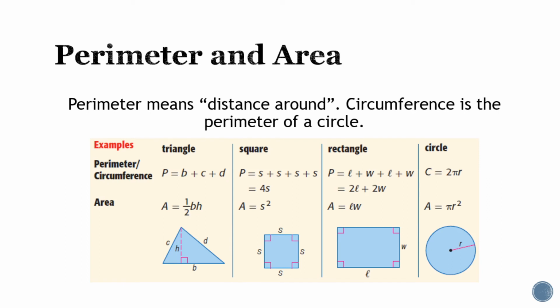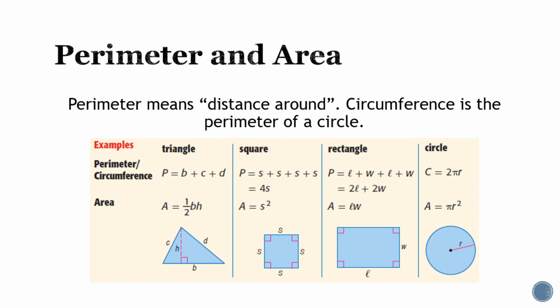Here's perimeter and area formulas. Write them down. Perimeter one's pretty straightforward. Triangle, add all the sides. Square, add all the sides. Rectangle, add all the sides. Circle, 2 pi r. Area. Area of triangle is 1/2 base times height. Area of square is the side squared.